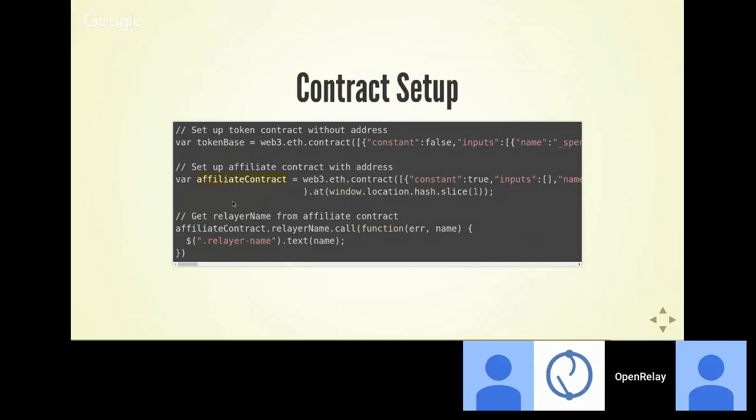And then immediately, the next thing that we do is we call affiliateContract.relayerName.call. This is going to make a call to the blockchain to get the relayer name off of this affiliate contract. It is going to call this callback function when it succeeds, and we are going to update the relayer name elements, and there's more than one of them, with the text from the relayer name. Any questions about the contract setup?